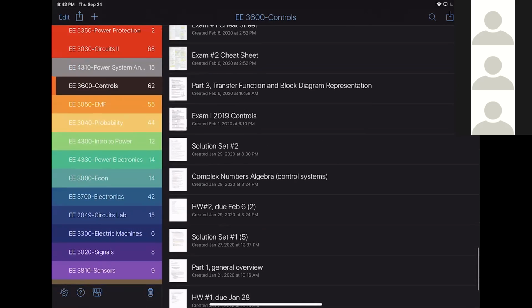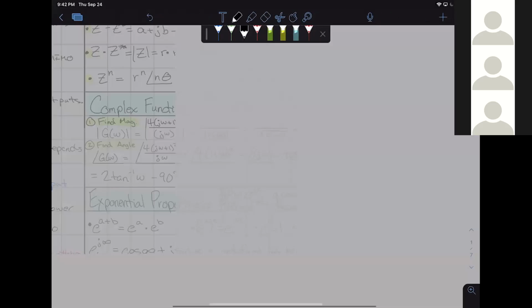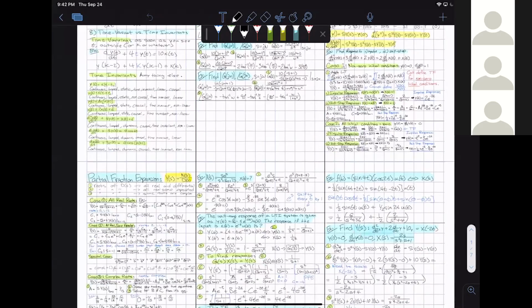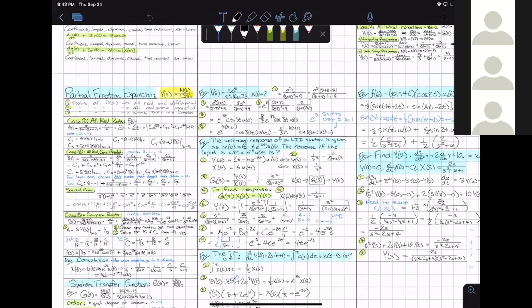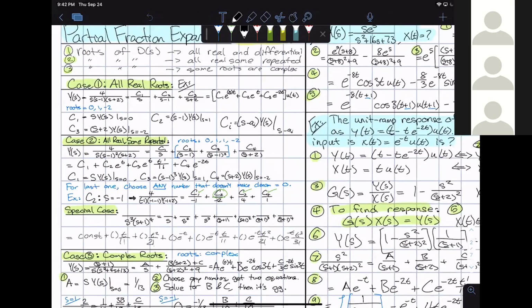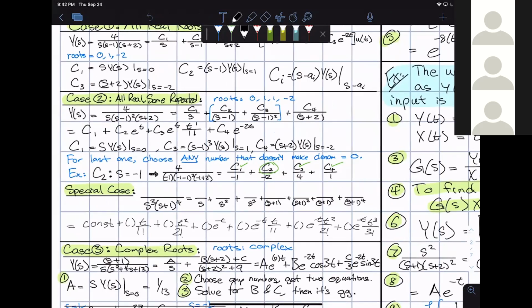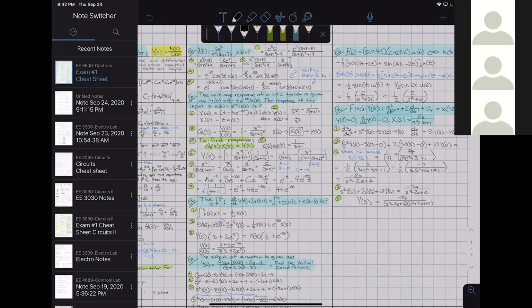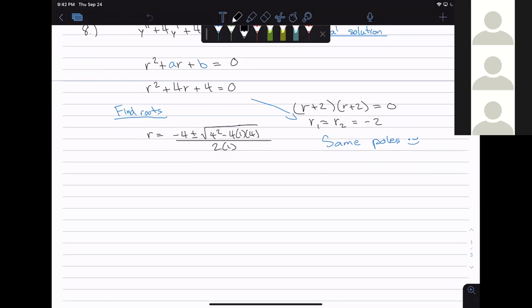Memory, bro. Exam 1 cheat sheet. All right, here we go. 2 poles, same sum repeated or something like that. It looks something like this, but we're not in the time domain, so we don't have to go that crazy. It is what it is.